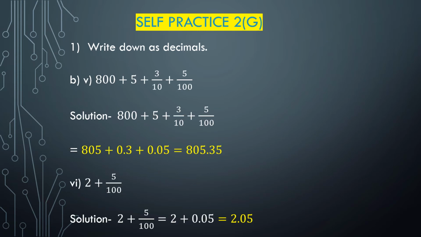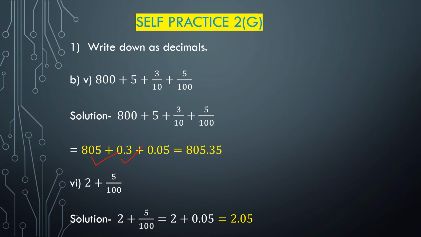Now we solve question number 5b. 800 plus 5 plus 3 divided by 10 plus 5 divided by 100. We have to write this in decimal form. 800 plus 5 will be 805, and 3 divided by 10 will be 0.3. As 10 has only one zero, we have to place one digit after the decimal point, so it will be 0.3.